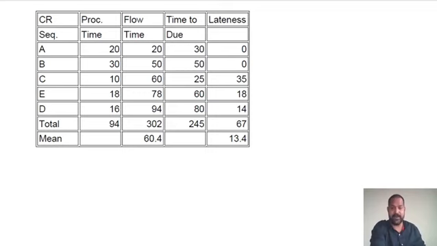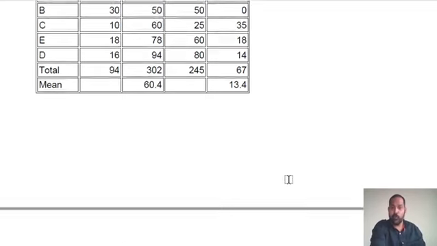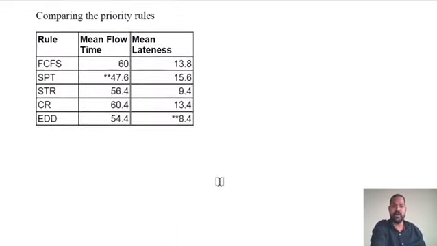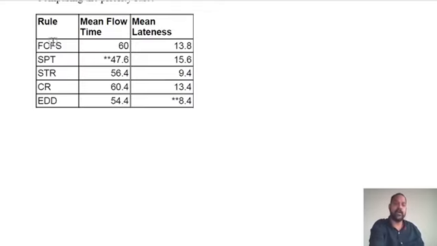Let's start comparing. Oh, there is one more, earliest due date. You have the flow, you have the lateness, EDD. Now we start comparing. According to FCFS, the mean flow is 60 and the lateness is 13.9. When you compare all the mean flow times, you realize that the SPT flow time is the least.